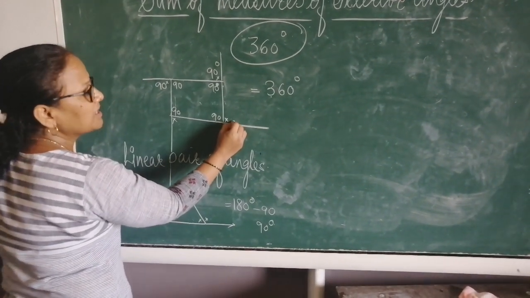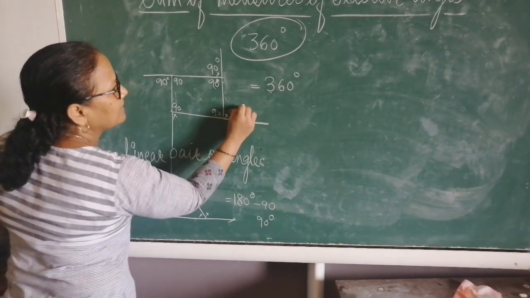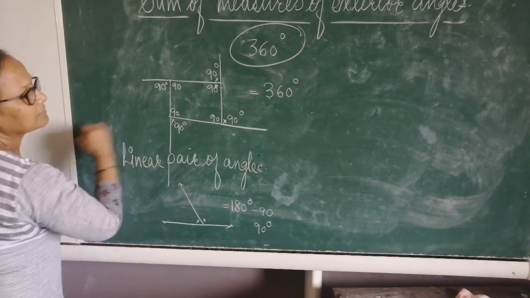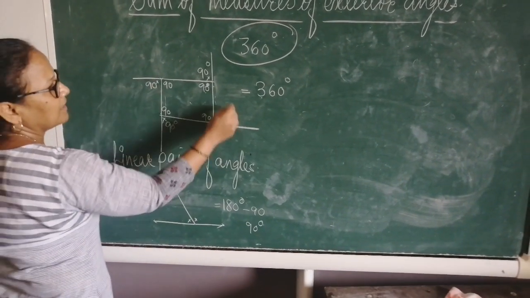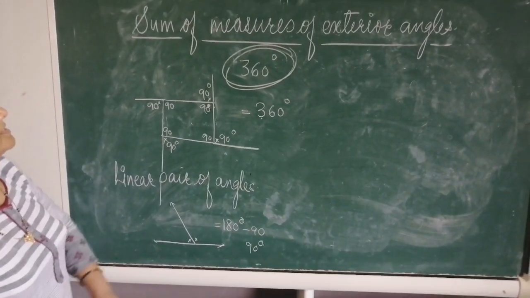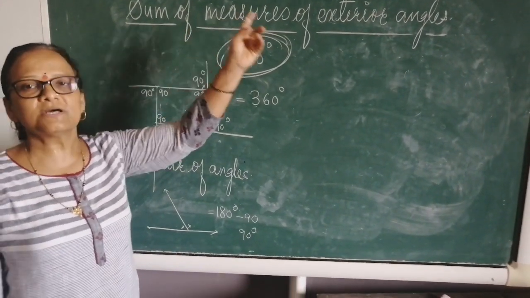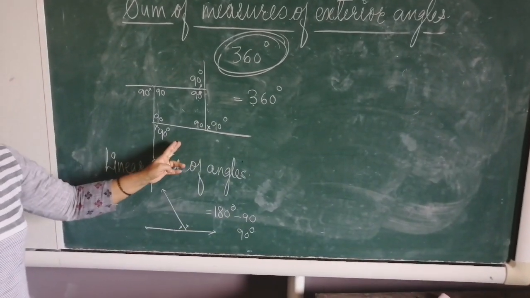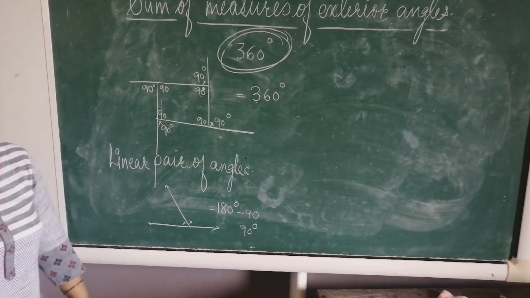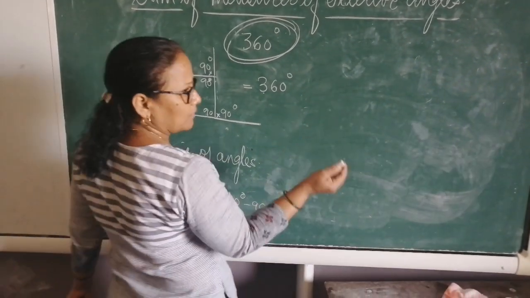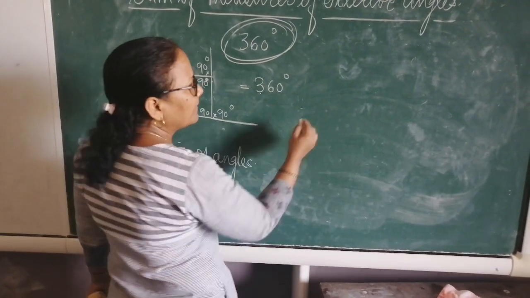These two are also a linear pair, that's why this is 90 degrees, and this is also linear, that's why it is also 90 degrees. 4 times 90 is equal to 360. Clear? That means the sum of the measures of the exterior angles of any polygon is 360 degrees. Now, for example, suppose we talk about the pentagon, we will consider a regular pentagon.